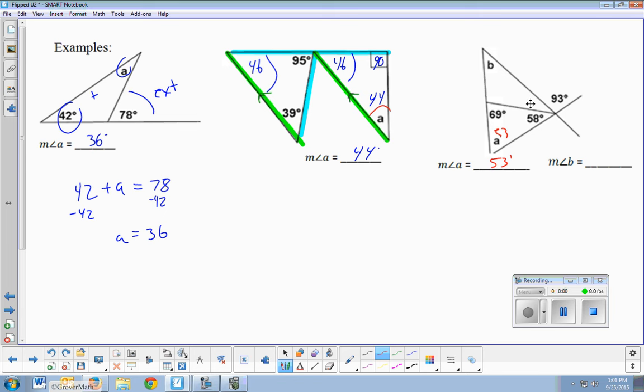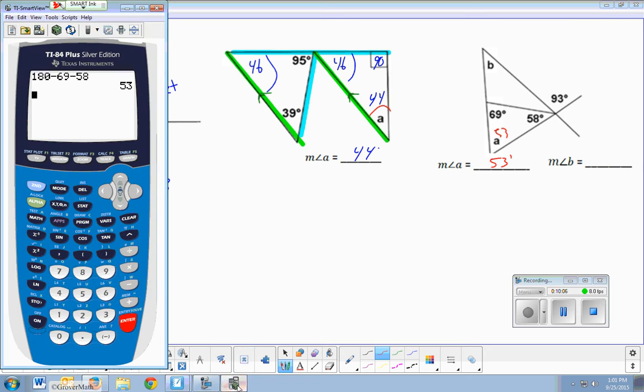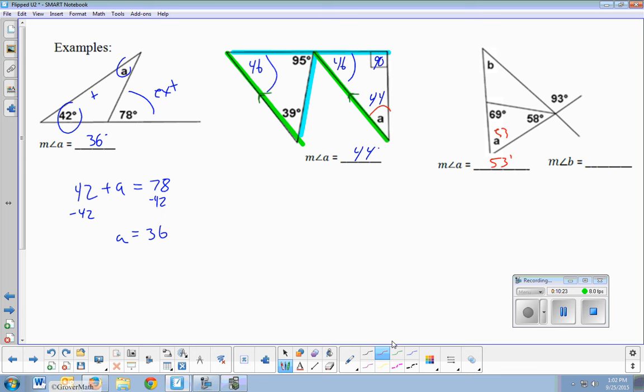So what's this other one? Well, I figured that out because these have to add to 180 together, again, because they're on a straight line. So 180 minus those. Oops, I gotta switch to a clicker. Delete the little red mark. 180 minus 93 minus 58 gives me that last piece right there, 29.